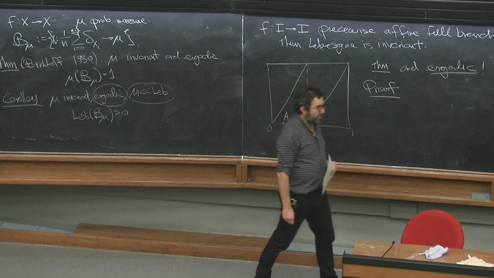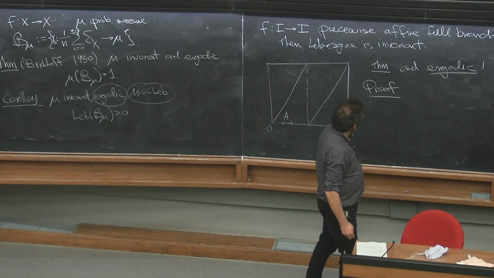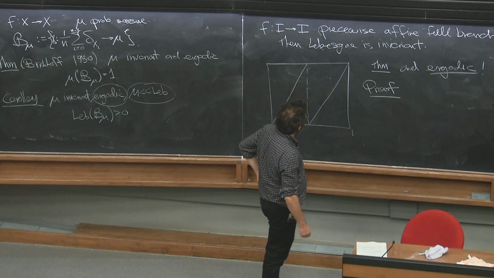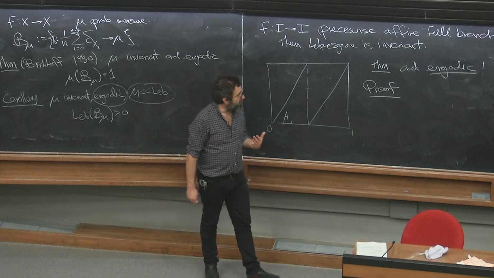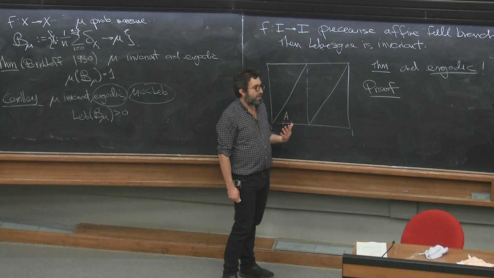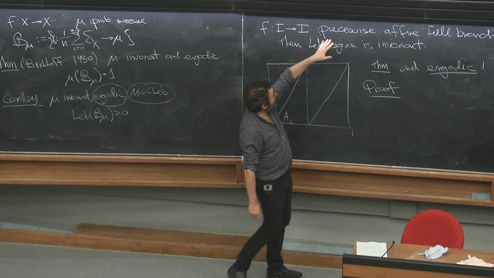So the proof uses the structure of full branch maps. If you remember, I think that we discussed the general fact that every iterate of a full branch map is a full branch map, right?